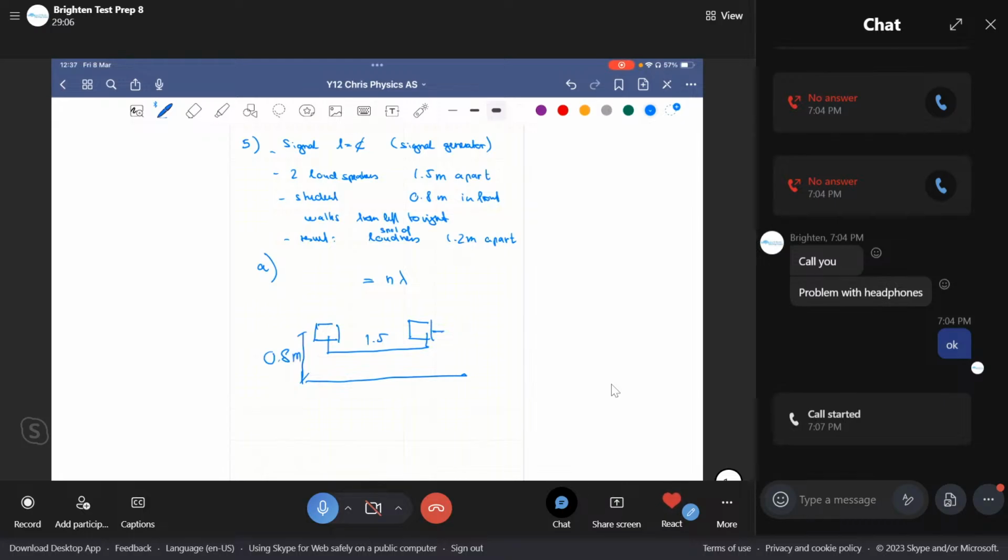0.8 meters, and he's walking on this one, right? So he walks along here. And assuming he's starting at the front of one loudspeaker, then at 1.2 meters, he has a max.